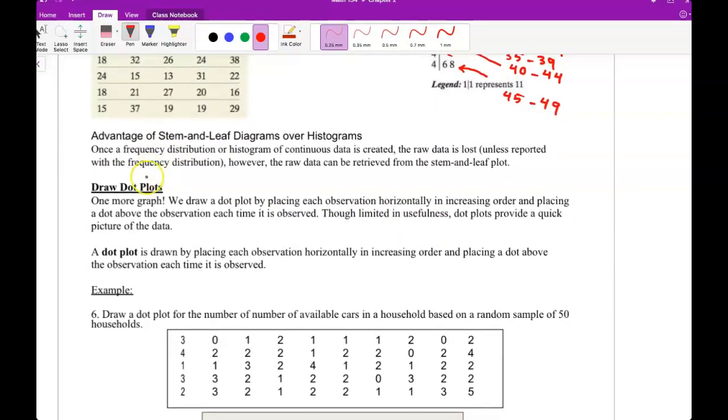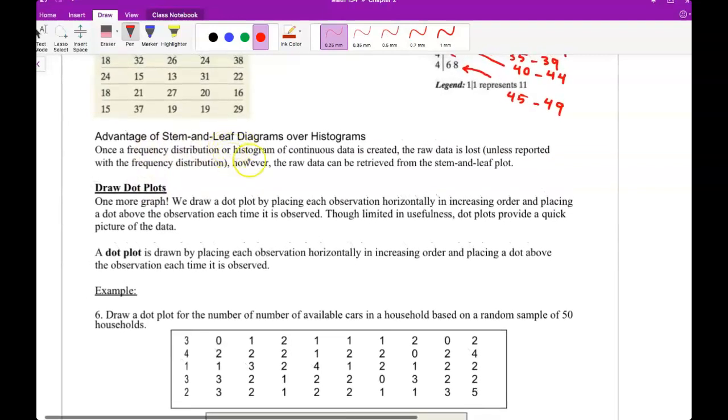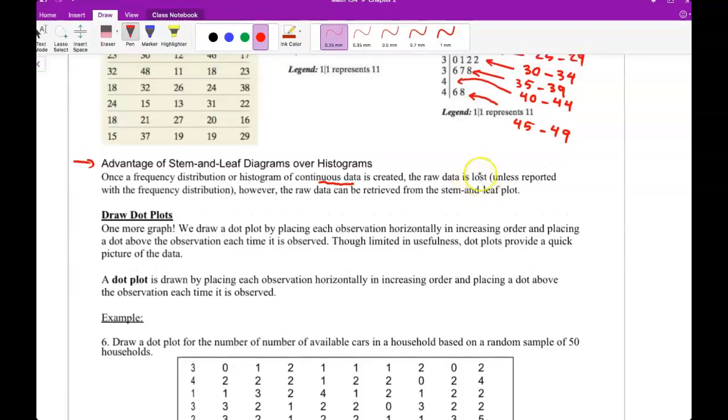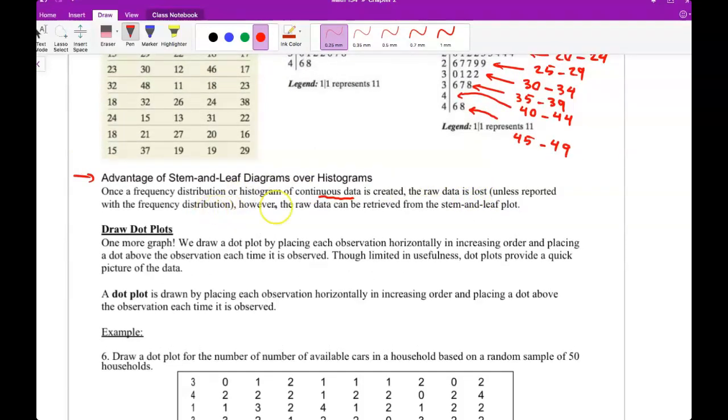Okay, here is the advantage of using stem and leaf diagrams over histograms. Once a frequency distribution or histogram of continuous data is created, the raw data is lost unless reported with the frequency distribution.